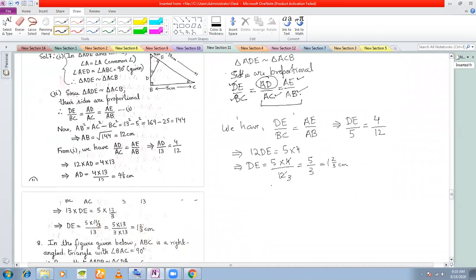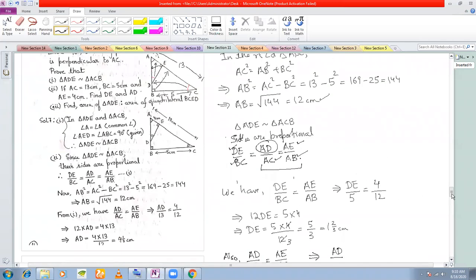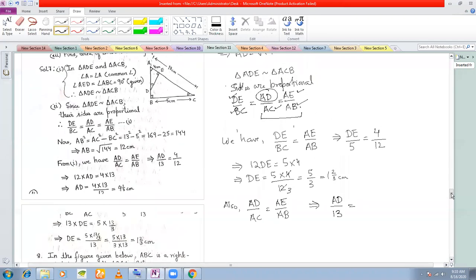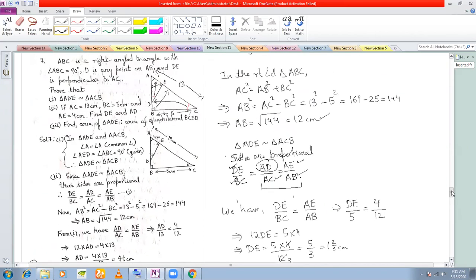So I take the second and third. AD by AC is equal to AE by AB. AD we have to find out, and AC is 13, AE is 4, and AB we have found out from Pythagoras theorem to be 12.